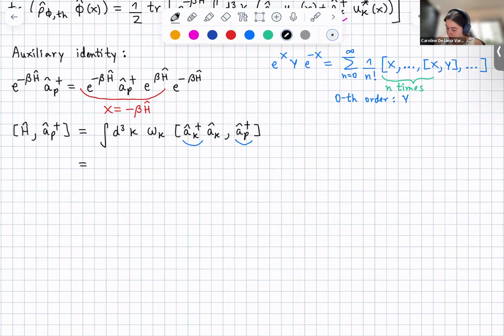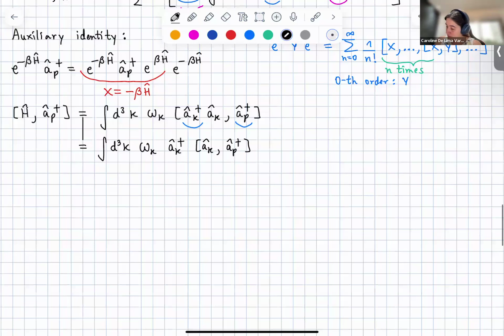So what I get is the integral d^3k omega k, and I pull out this a_k dagger for the term that is not vanishing, times the commutator of a_k and a_p dagger.